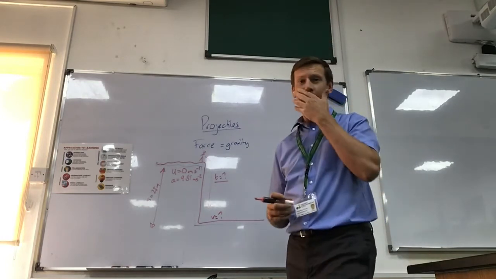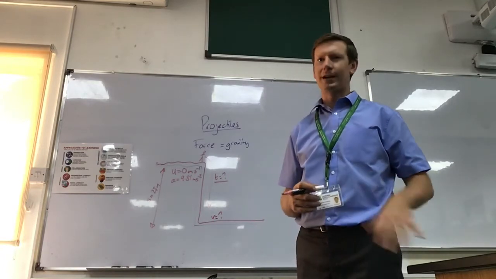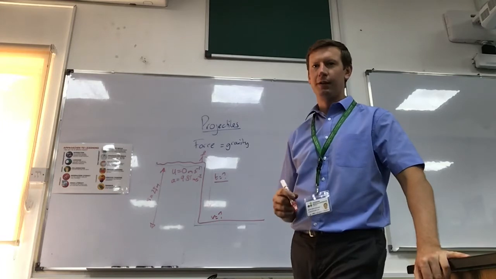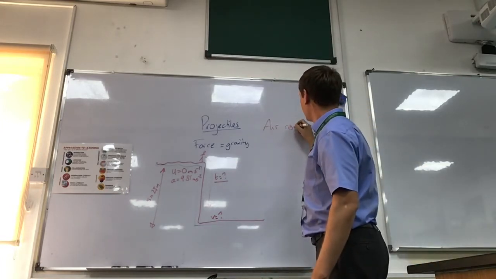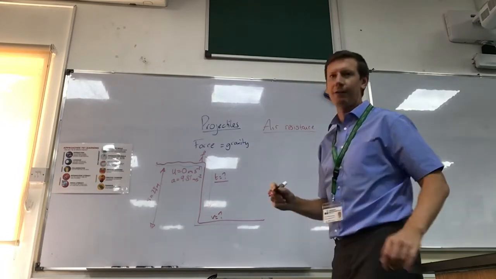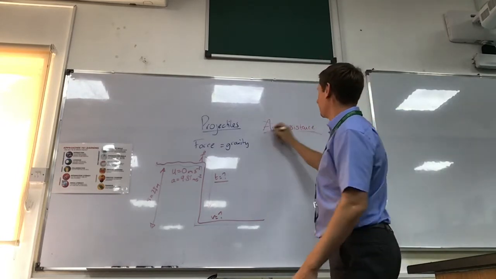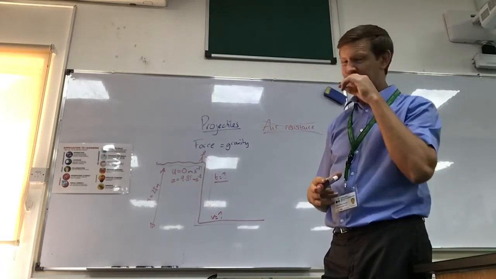In projectile motion, within the IB, typically, always our calculations won't involve air resistance. In the question, it will say that air resistance is negligible, not relevant, not to be calculated.